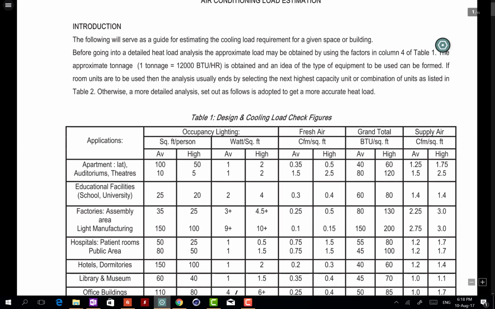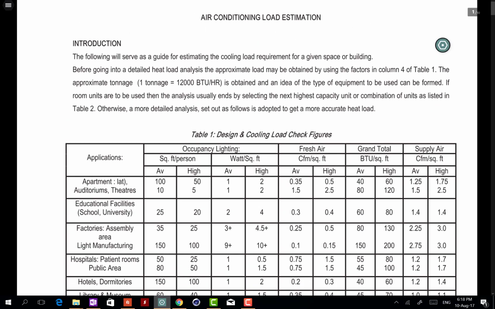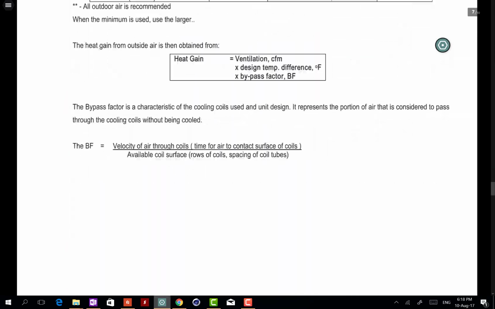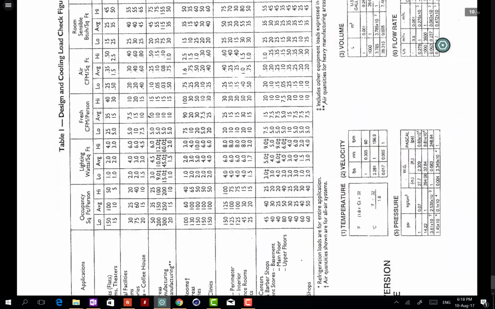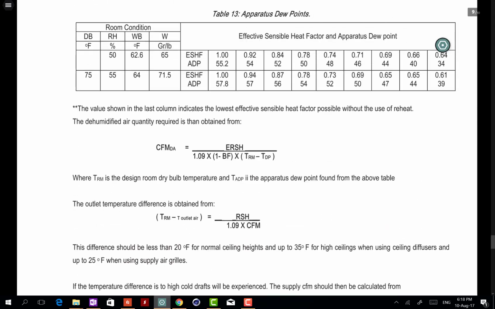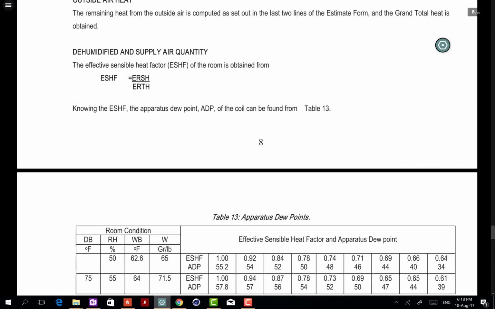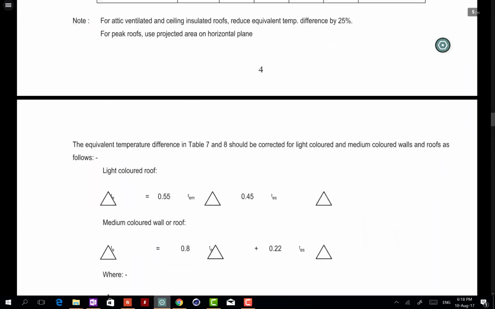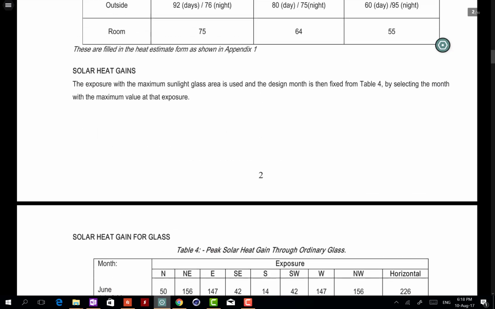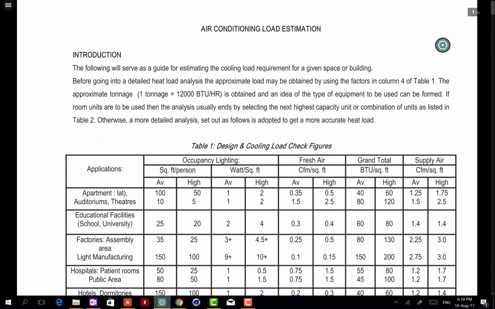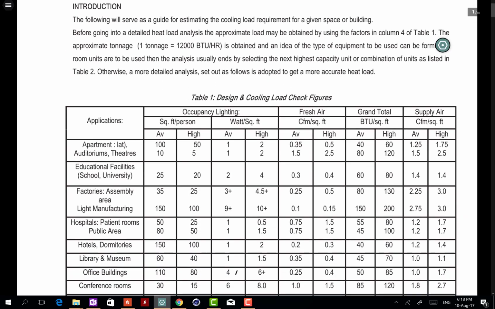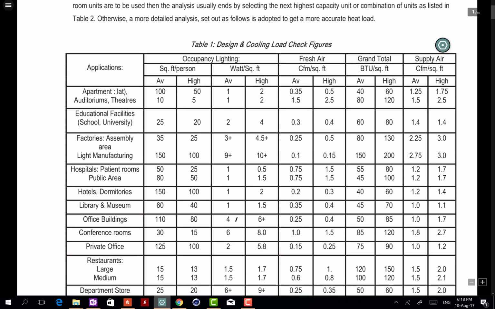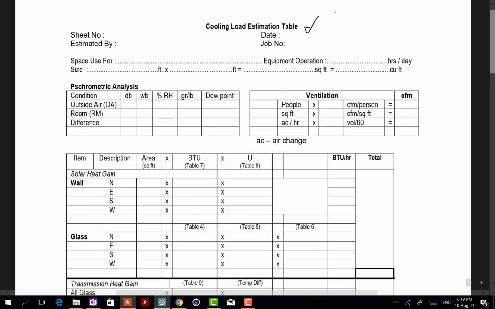This table consists of table 1 until table 12, and all of these tables are very important in order to estimate the total cooling load for sensible and also latent heat. For example, table 1 has occupancy, fresh air, grand total, etc. So let's go to the problem.